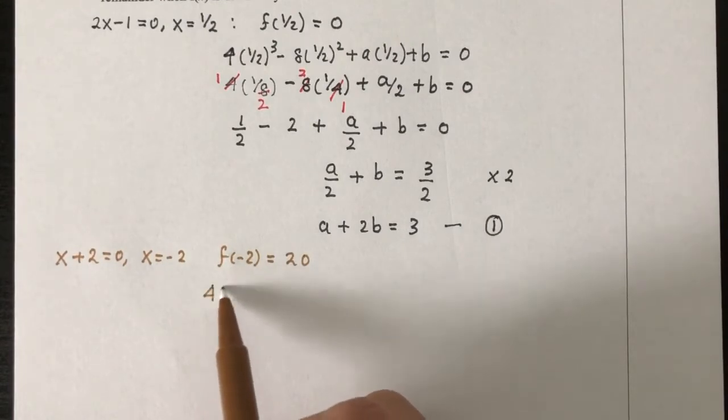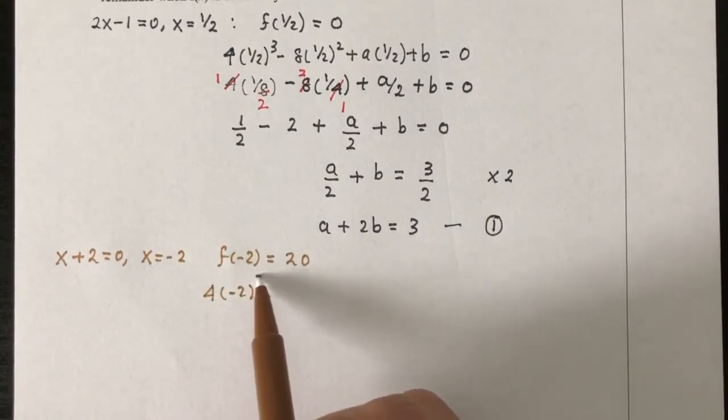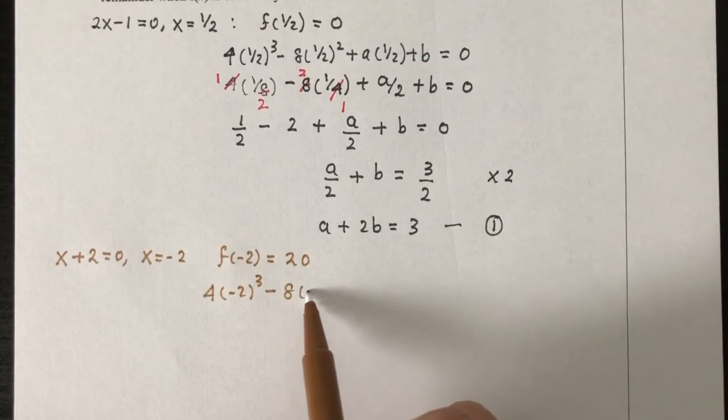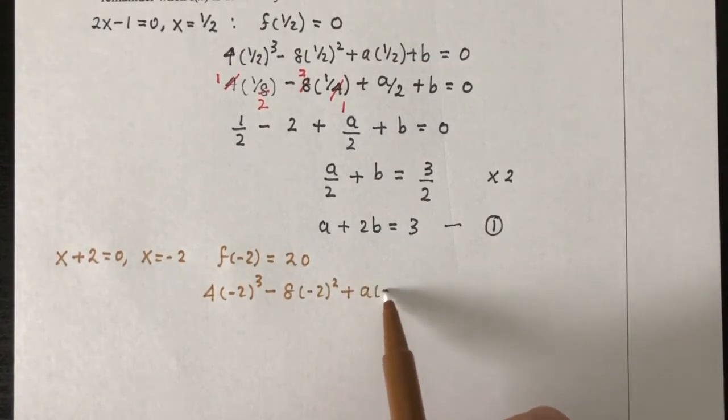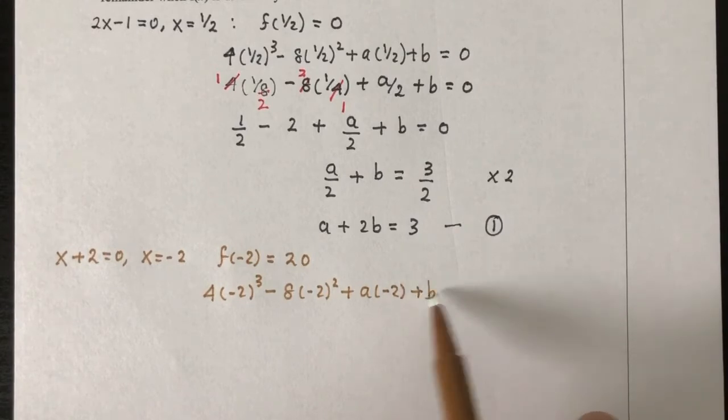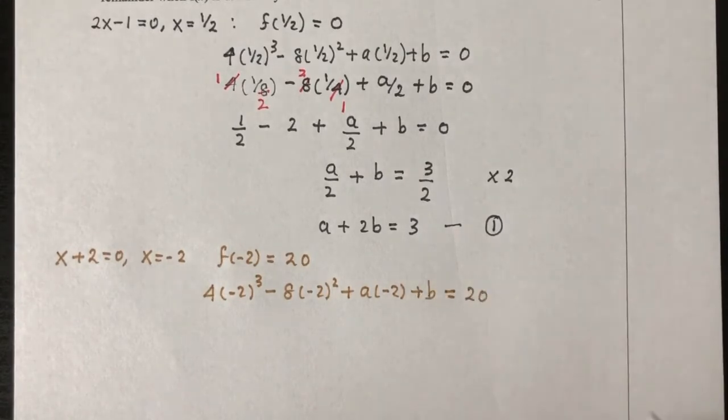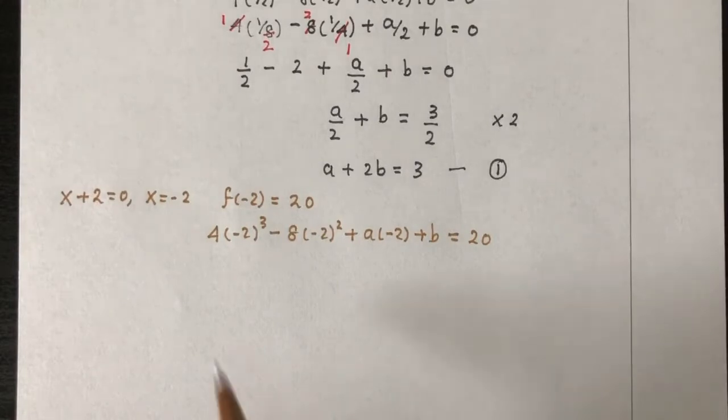Replace the value of x by minus 2 in the main equation. You will have 4 times minus 2 power 3 minus 8 times minus 2 power 2 plus a times minus 2 plus b, and the remainder will be 20. Now we have to simplify.